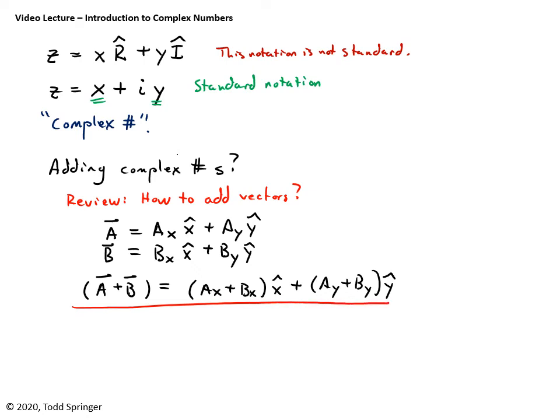Now if I think of the complex number just like a vector, I would do exactly the same thing. So if I have z1 is x1 plus i y1, and z2 is x2 plus i y2, and I think of x1 and x2 as components along the real direction, real components, and y1 and y2 as imaginary components, in order to add them, I just do the same thing, z1 plus z2.